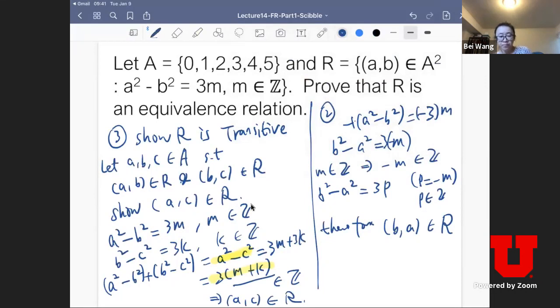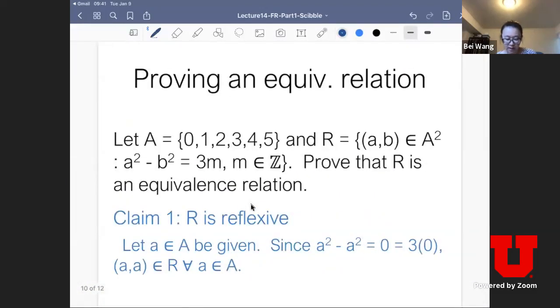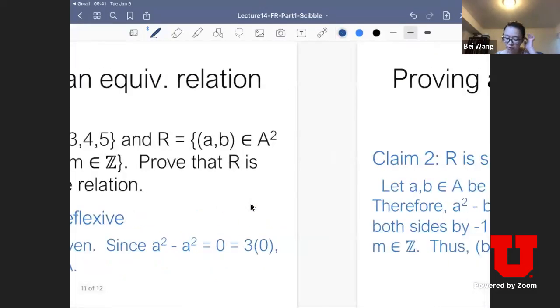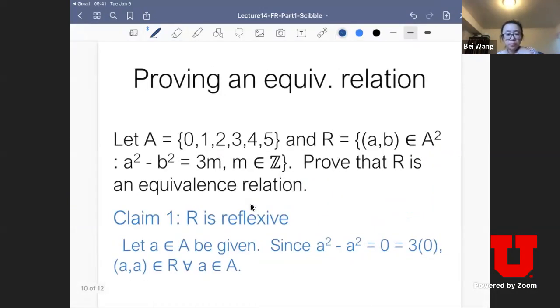So that means, okay, this is just a sketch of the proof. And I have typed in the actual proof in detail so that you're not missing many parts. So again, if we recall the proof techniques: to prove a relation is reflexive, you start with any element in the set, and you want to show that A, A is part of the relation.